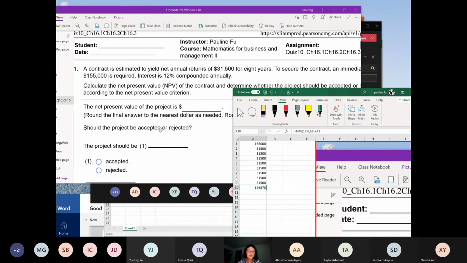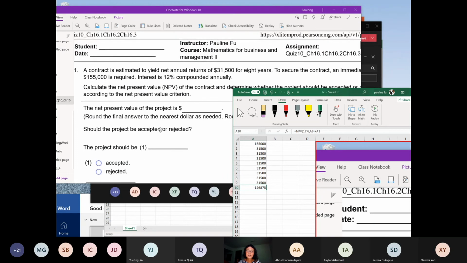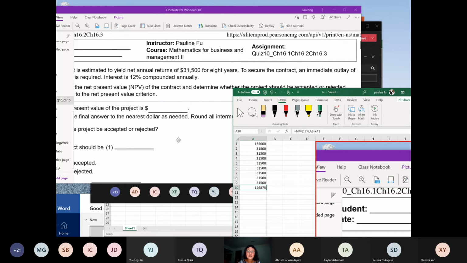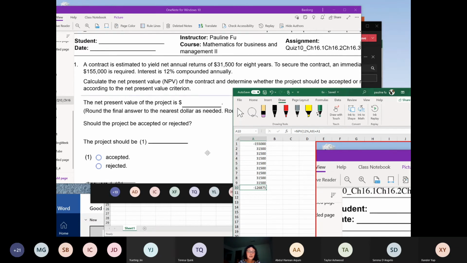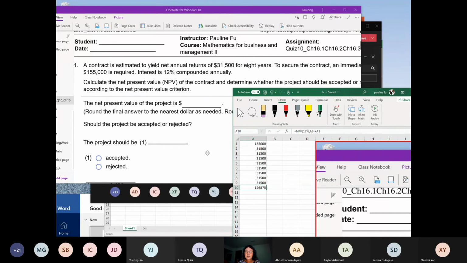This does not look good. NPV. This number does not look right. What goes wrong? For 8 years. Net present.